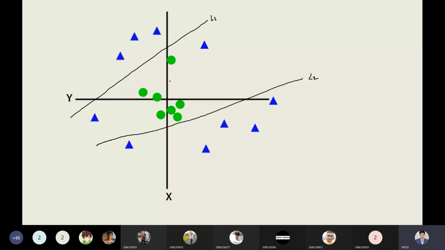But you can easily say some triangles are also mixing in. So that is the problem. Here we can say linear separability is not possible. This is the point I'm making to everyone.